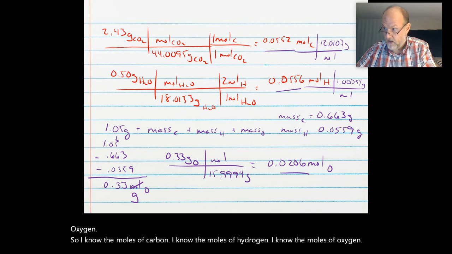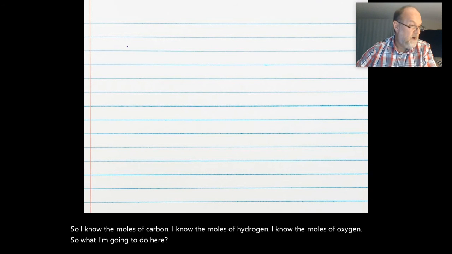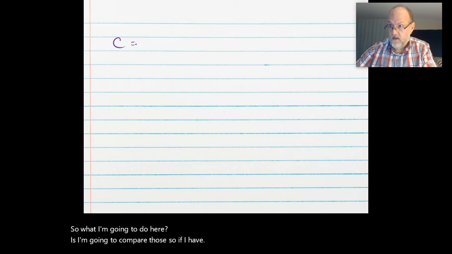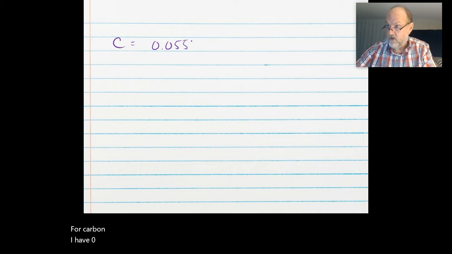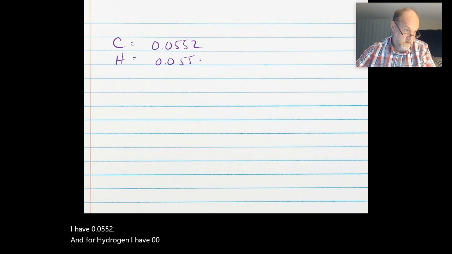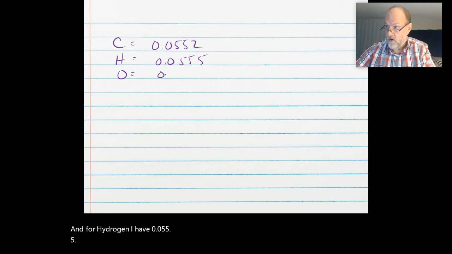So what I'm going to do here is I'm going to compare those. So if I have, for carbon, 0.0552, and for hydrogen, 0.0555, and for oxygen, 0.0206.